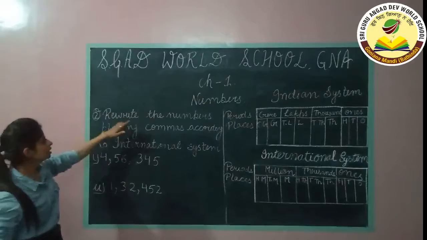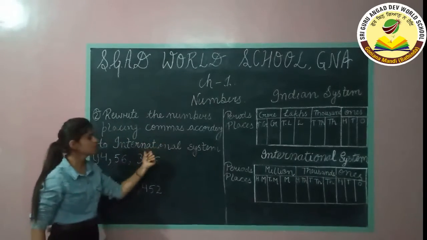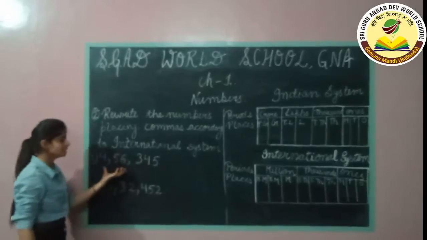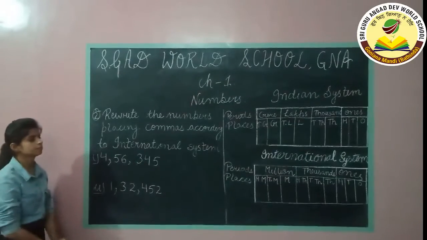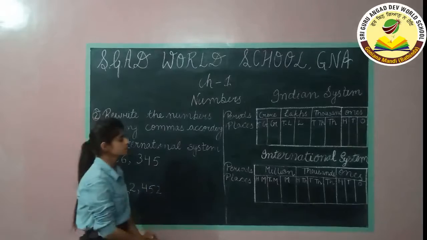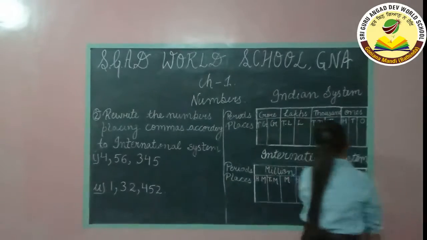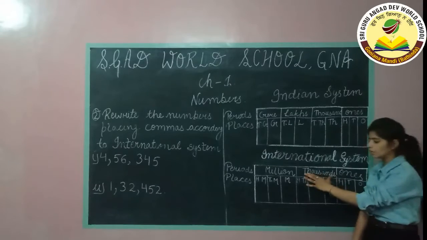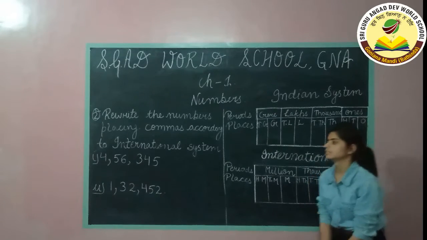The third question is: rewrite the numbers placing commas according to the international system. In the international system, the ones period has 3 digits. The thousand period also contains 3 digits.